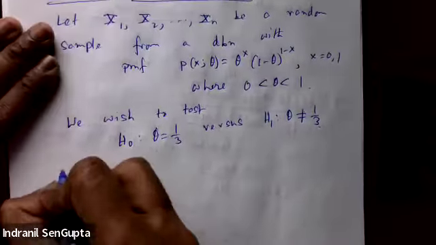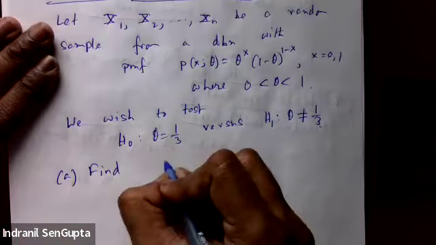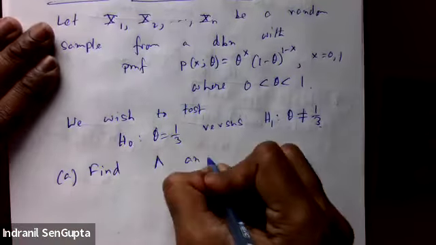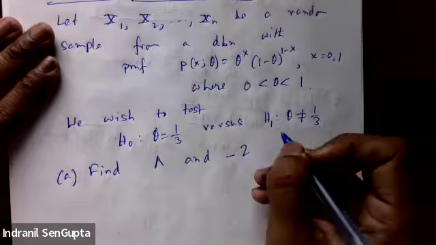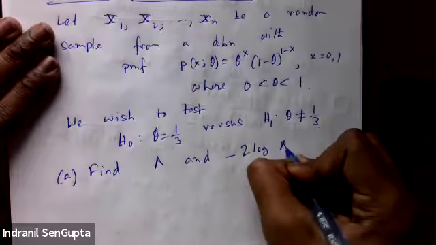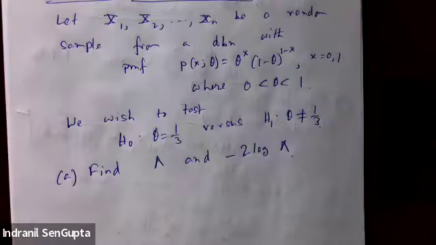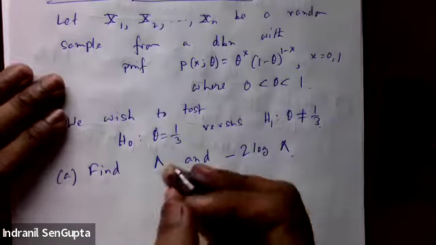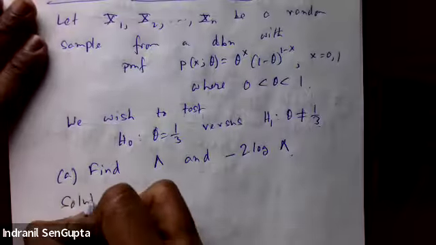There are three parts of the problem. First part, find lambda and -2 log of lambda. Let's do it step by step. Okay. Now here's the solution for the first one.